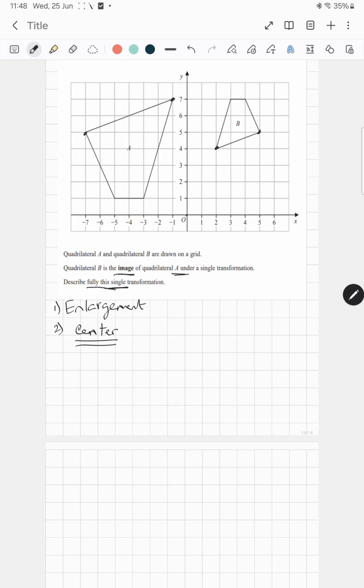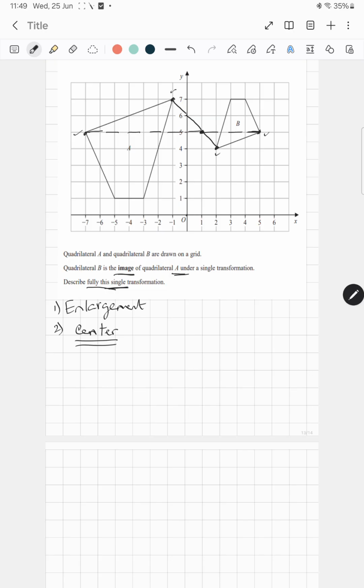Now the task is to join any 2 vertices. Let's say I am joining this vertex and this vertex, and also this one and this one. You see these actually meet at this particular point.